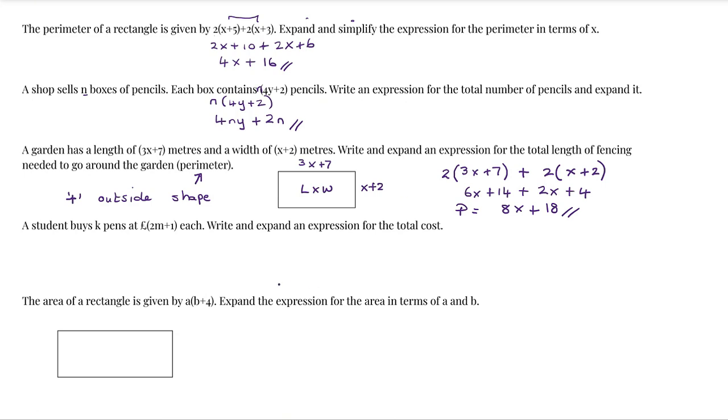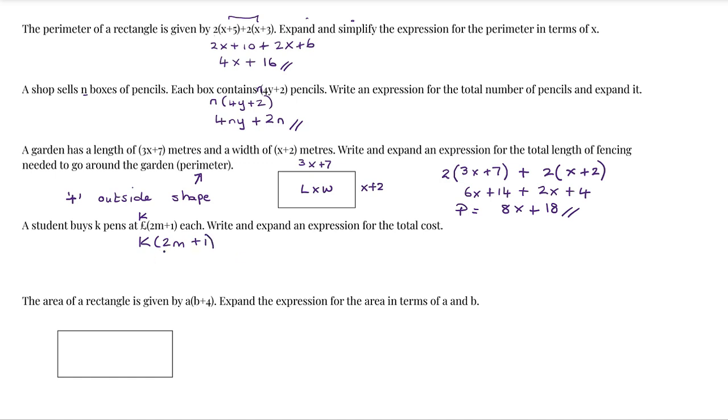It's a common question. A student buys k pens at 2m plus 1 each. Write and expand an expression for the total cost. So this time we're going to do, should be k. I don't know why that's come out like that. We have k, 2m plus 1. Okay, that's it.